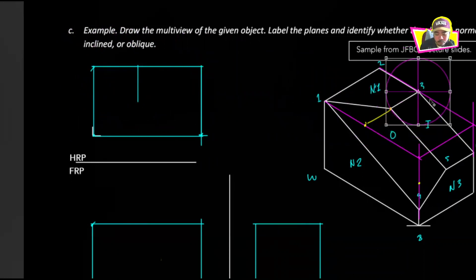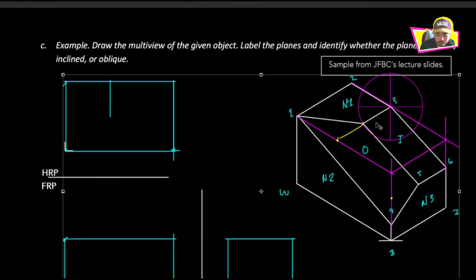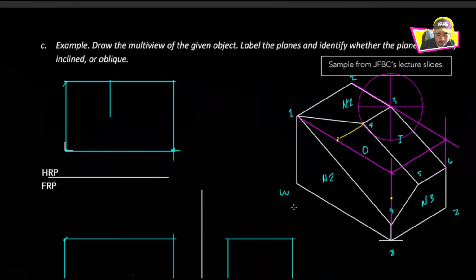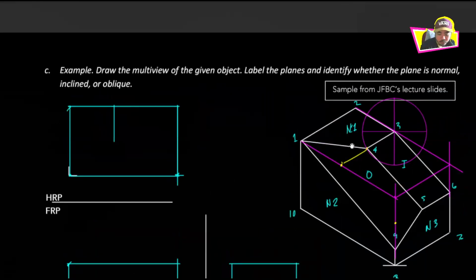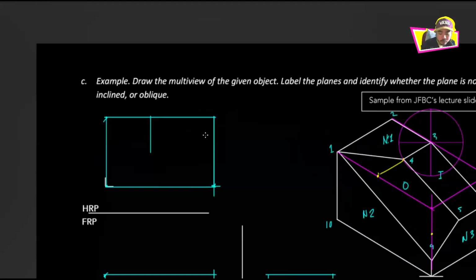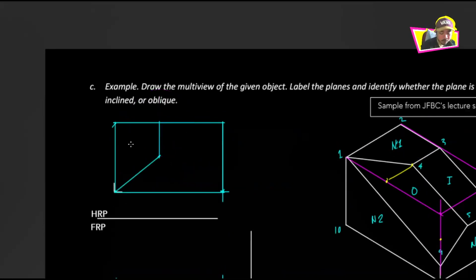So I'm measuring this point right here, this point 3 to, this was point 4 earlier. Let me label it so it's easier to explain. This is point 1. So 1, 2, 3, 4. The line 3, 4, I need it. So that's point 4. This is point 4 right here. Now I'll just connect 1 and 4. Now I have found N1.